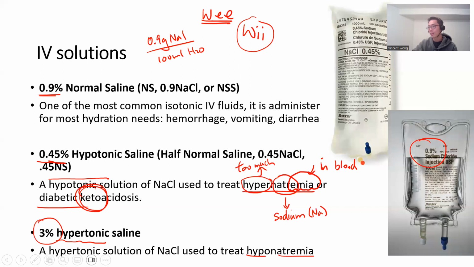I want to see if you actually understand what I'm saying. The person who drank a lot of water, she did not pee, she just held it in. Is that going to make her blood hypo, hyper, or iso? What do you think?